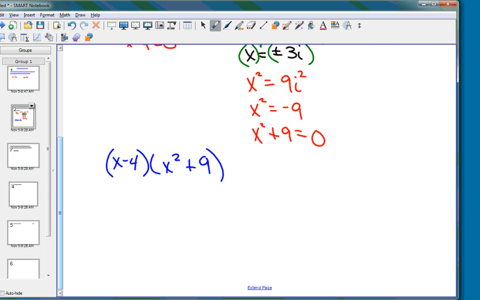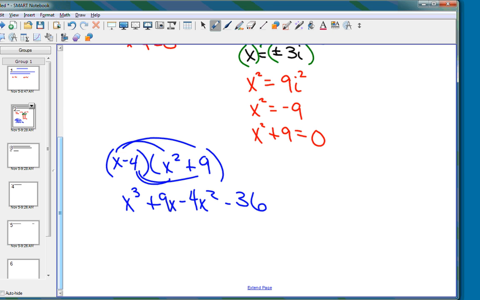FOIL. So that's going to give you x cubed plus 9x minus 4x squared minus 36. Now, whenever I do this, I always like my powers in descending order, so I'm going to rewrite this as x cubed minus 4x squared plus 9x minus 36.